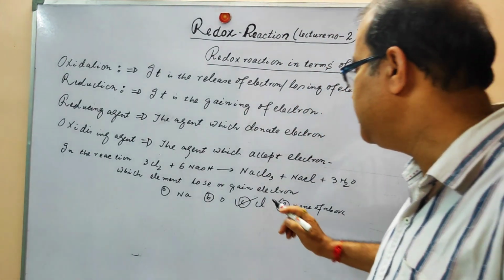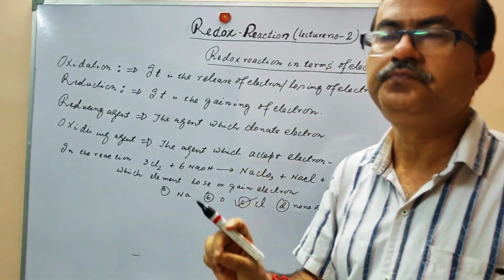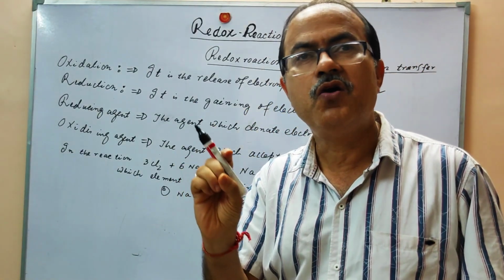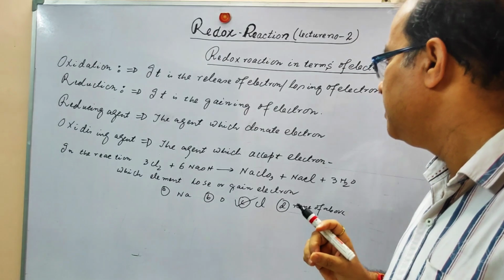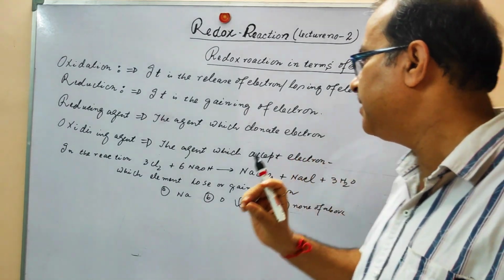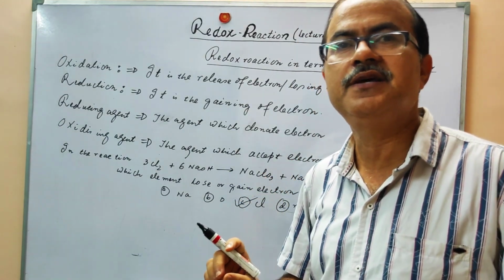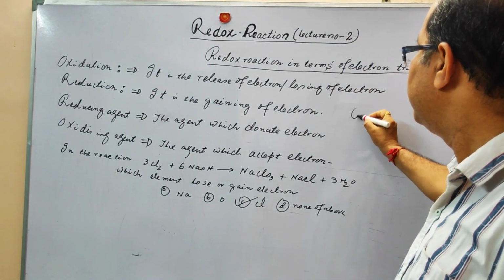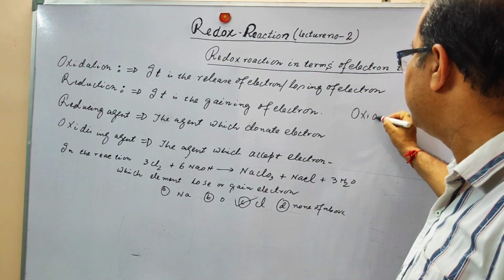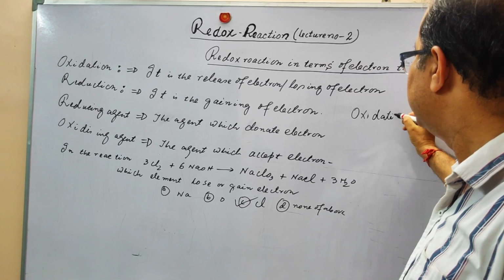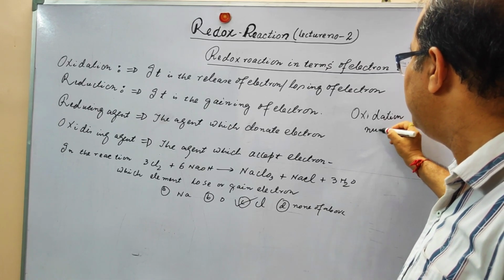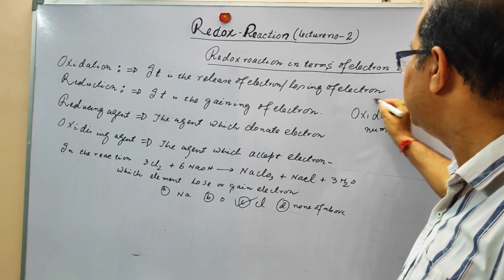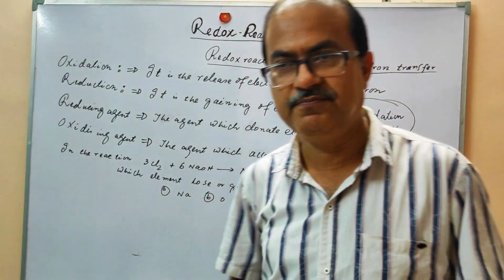In this reaction, you can see chlorine is accepting and also losing electrons, and this can be easily understood. This type of reaction is easily understood by a concept called the oxidation number. Oxidation number we will discuss in the next lecture.